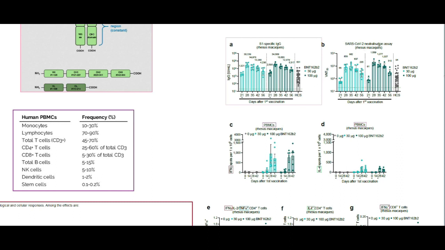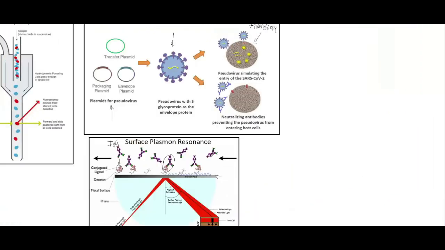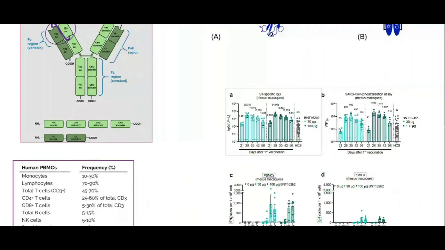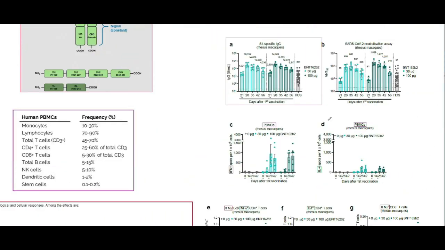Over here we have our neutralization assay, like I said, that's this one right here, where we're looking at whether the cells are actually neutralizing the virus. And that's this VNT50 here. I think that's something like 50% of cells neutralizing the virus.